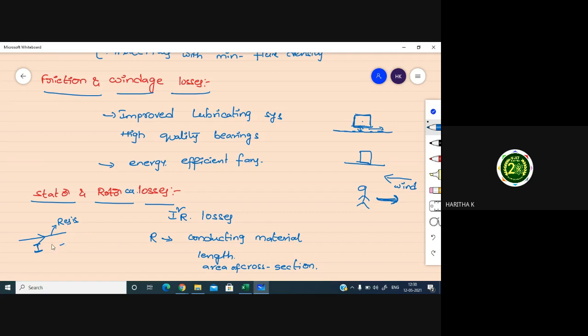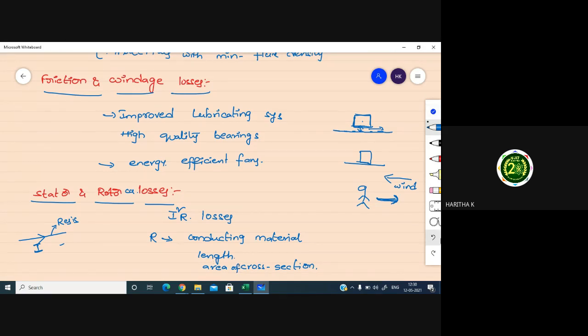If the current is not flowing in the wire, there will not be any loss. But we have to supply the current. Then how can we reduce the loss? By reducing this resistance, this I square R loss can be reduced. And that resistance is a function of these three: conducting material, length, and area of cross section.